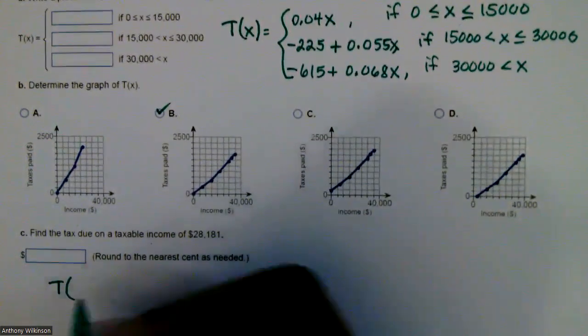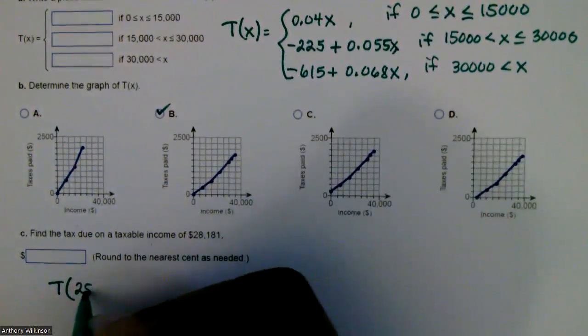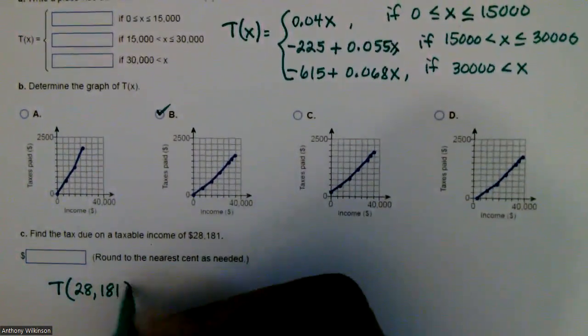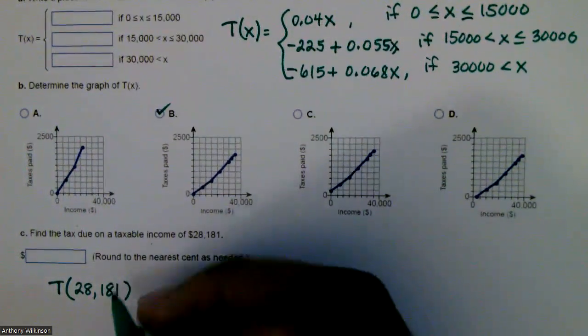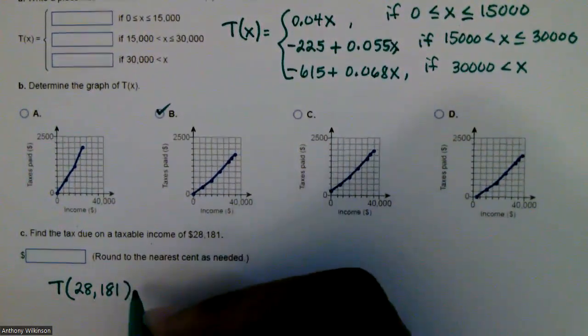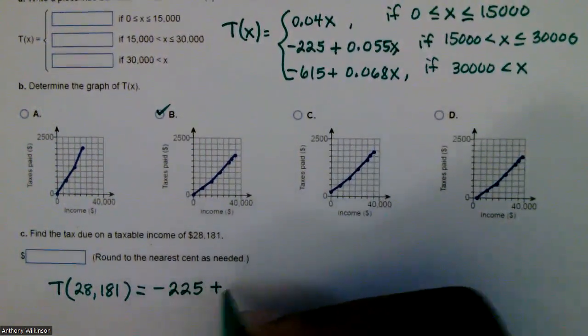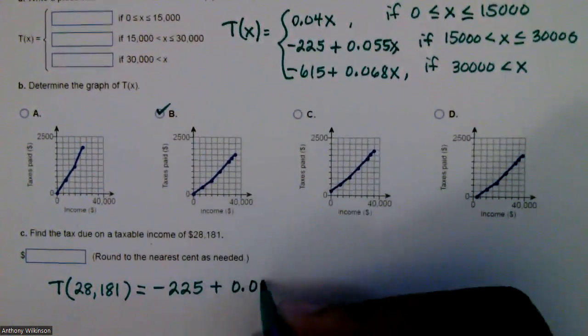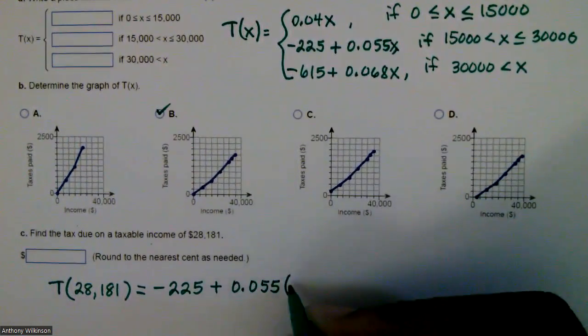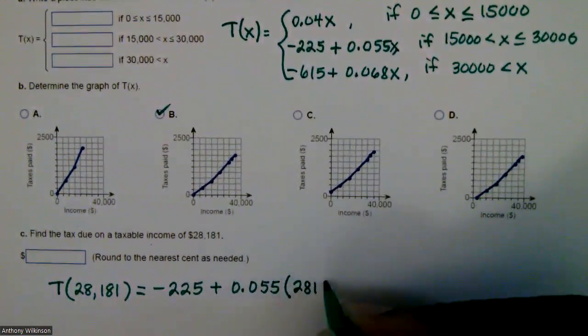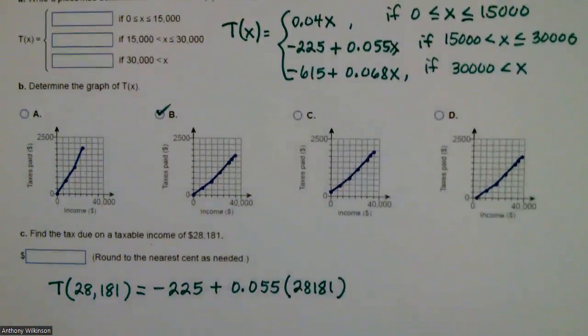So T of 28,181 is going to be negative 225 plus 0.055 times x, which is 28,181.